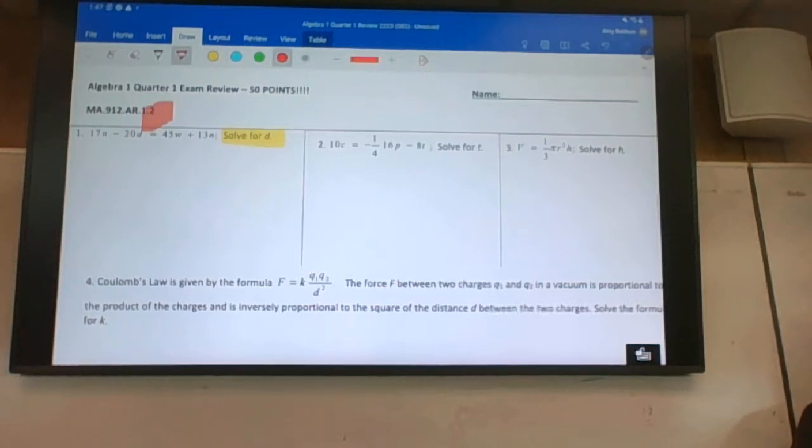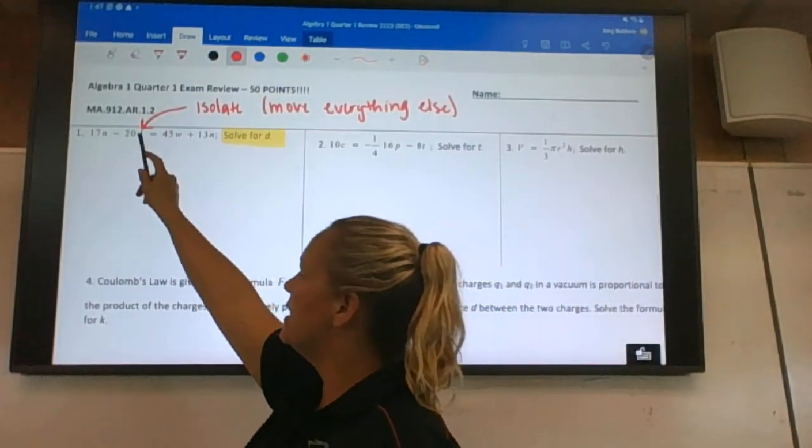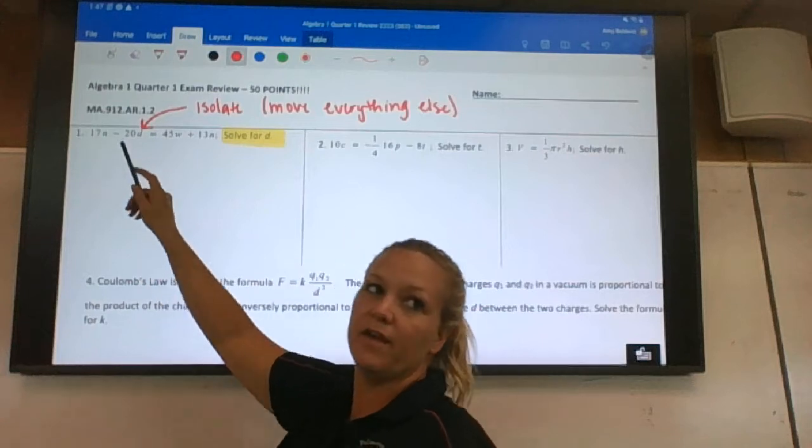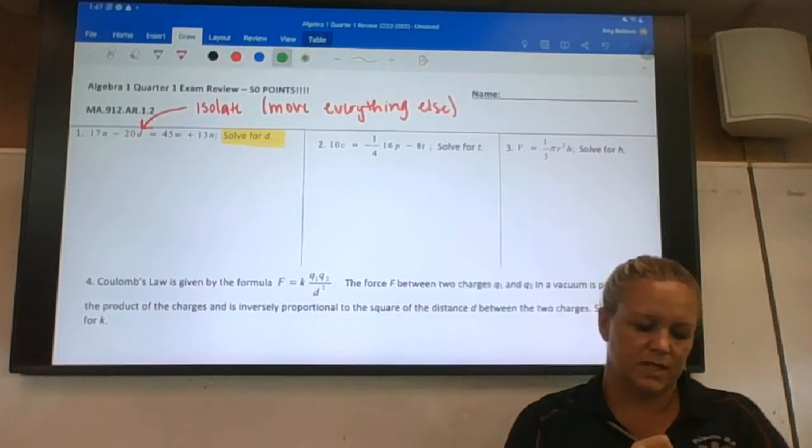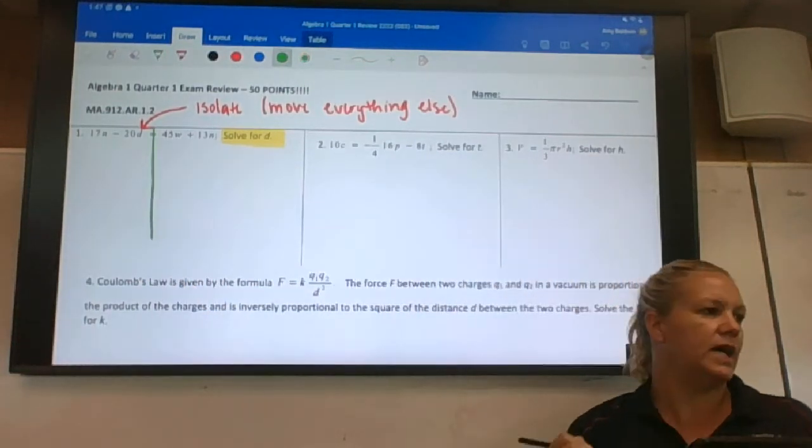So here's D. We want to isolate D. We want to move everything else but D. I'm going to leave that right there, and I'm going to get rid of the stuff that's with it. So here's my line, my equal line.